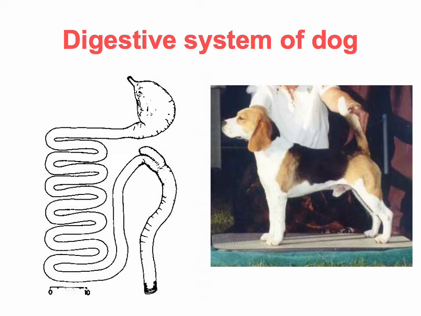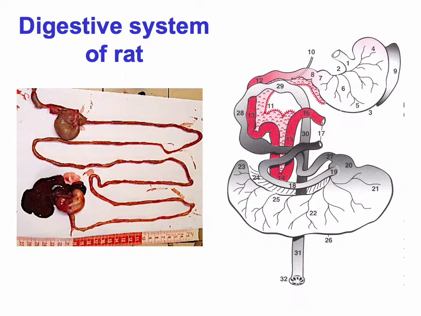This is a slight carnivore, approaching the omnivore. And here you have an omnivore digestive system of the rat.